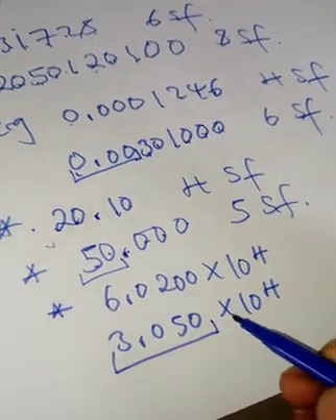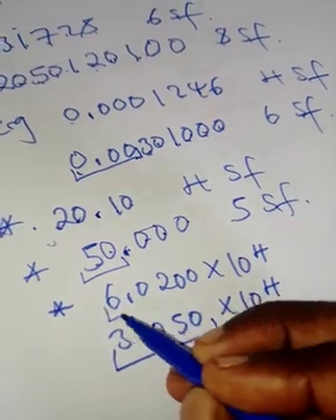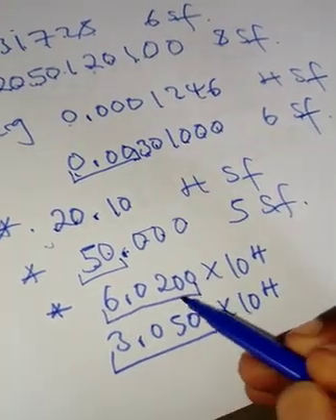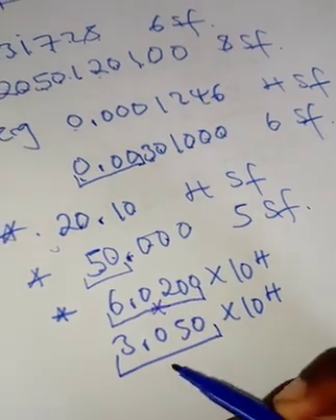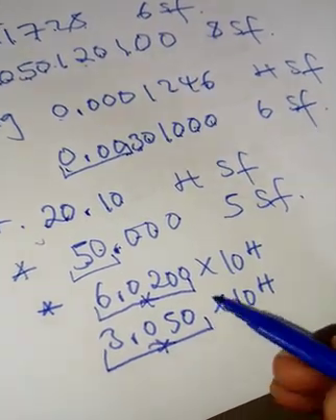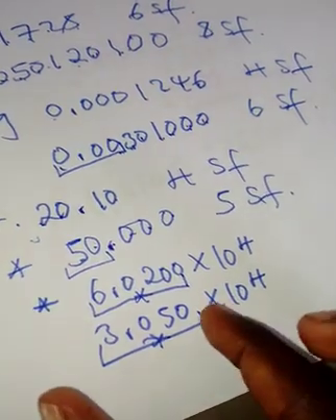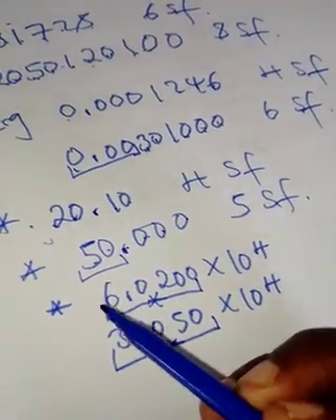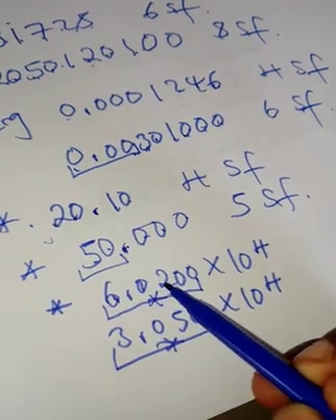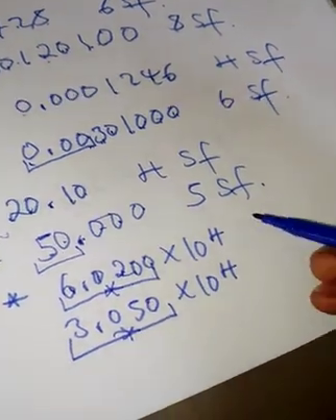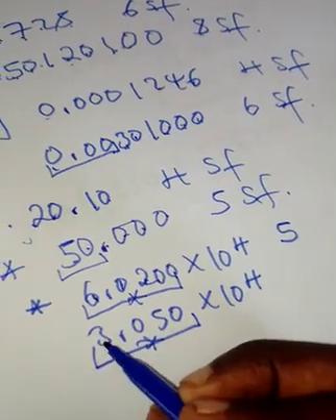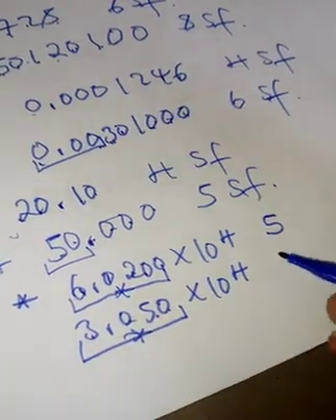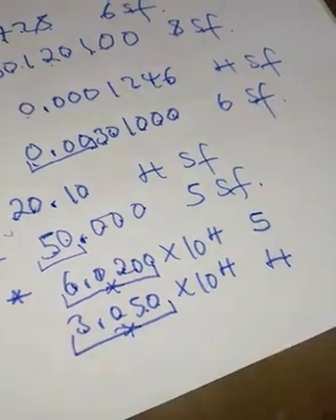This one, before the times 10 to the power something. All the numbers here are significant. So in this one we have 1, 2, 3, 4, 5 significant figures, and for this one we have 1, 2, 3, 4 significant figures.